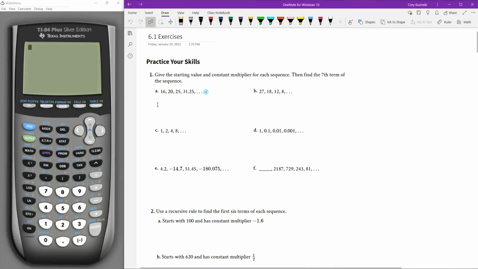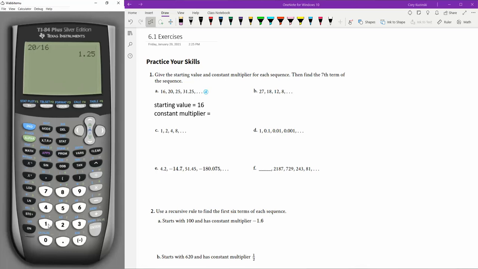All right, so the starting value is obviously 16. And the constant multiplier, I won't write this out every time, but let's see. What is being multiplied? Well, we could check it like this. Let's go 20, the second term in the sequence, divided by 16, the first term in the sequence, and that's 1.25.